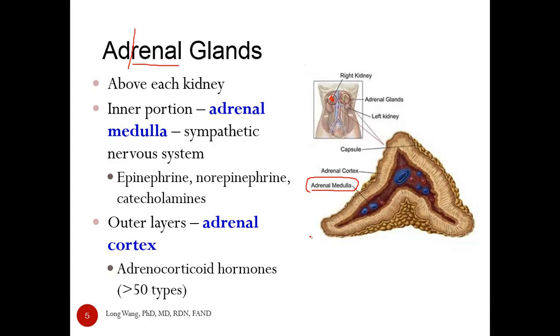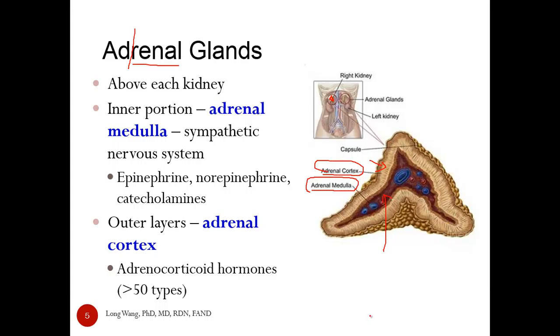It's regulated by the sympathetic nervous system and is responsible for secretion of epinephrine, norepinephrine, and other catecholamine molecules. And the outer layer is called the adrenal cortex. We can see the outer layer, and this is the inner layer.